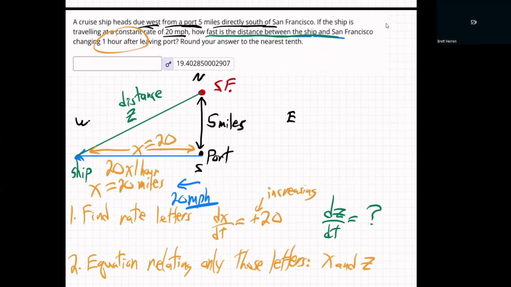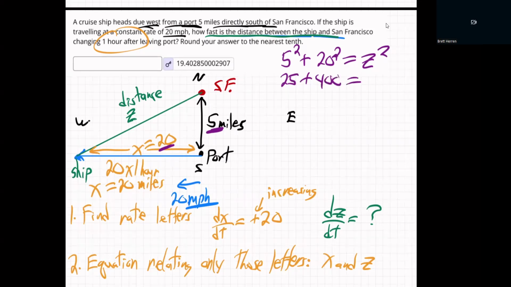How do we find z? Well, Pythagorean theorem, right? So 5 squared plus 20 squared must equal z squared. So that's 25 plus 400, and this is z squared. Okay, and then we root it. We're going to take the root on both sides.